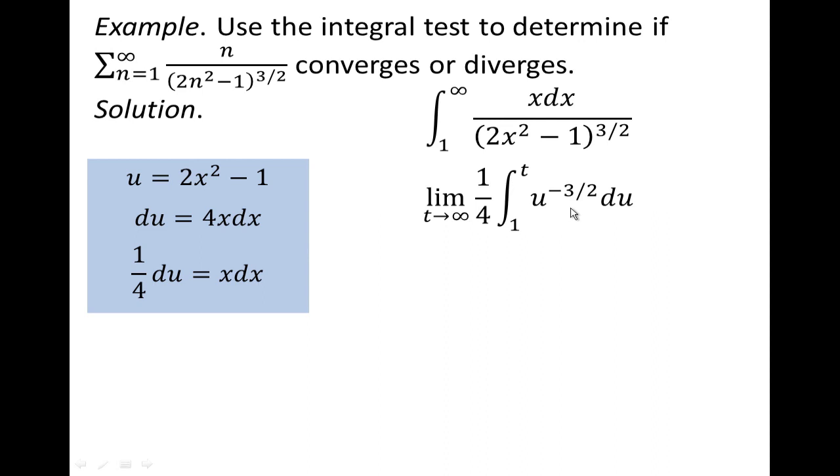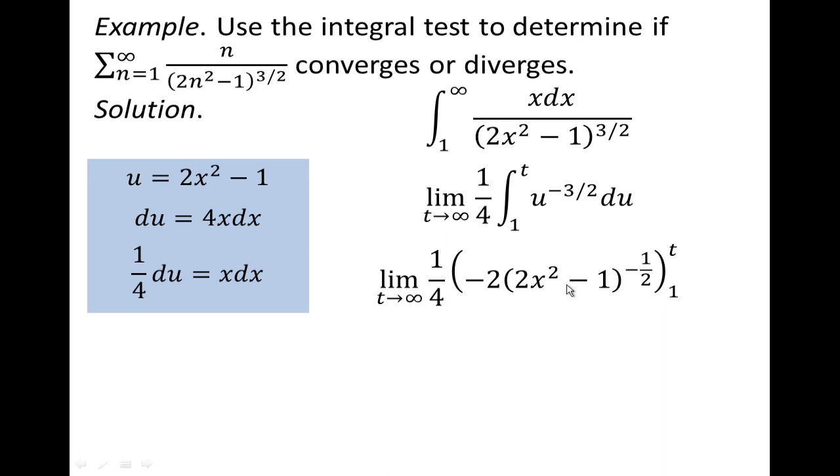Now, in this step, we're pretty good at integration, so I'm free to skip a couple steps, but we're going to take the negative 3 halves, add 1. We end up with negative 1/2. We have to divide by negative 1/2, which is equivalent to multiplying by 2, which is over here. And it should be u to the negative 1/2, but since u is equal to 2x squared minus 1, I can go ahead and substitute that back in.